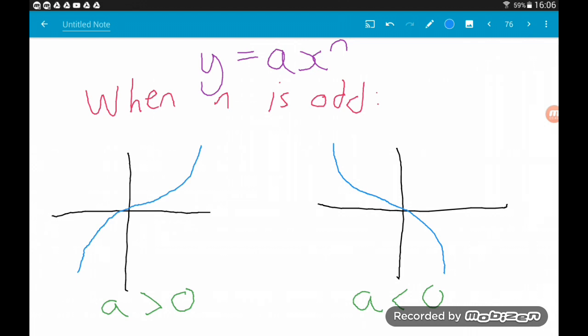If a is negative, so less than 0, an odd function will start up in the top left, and it will finish going off down towards the bottom right.